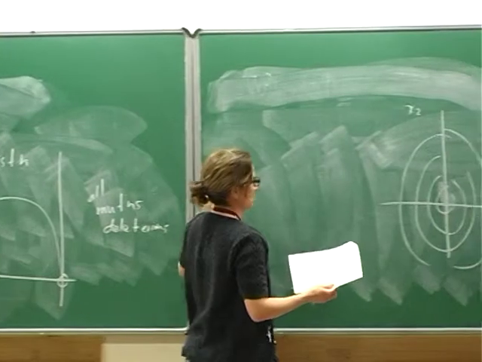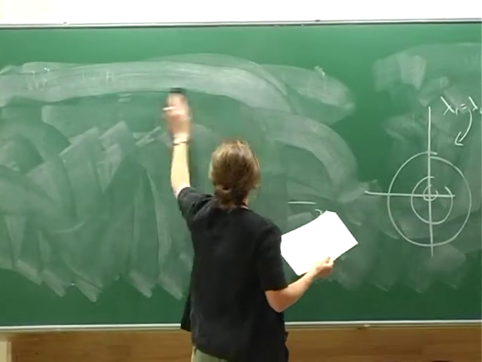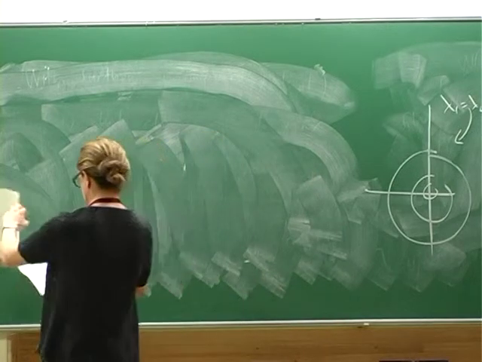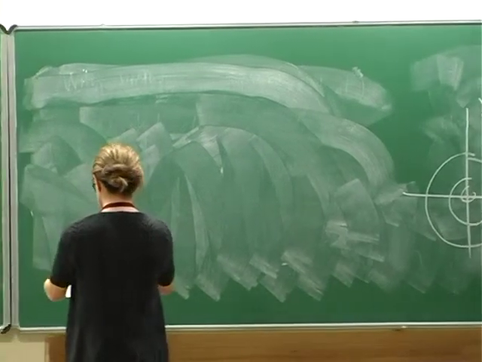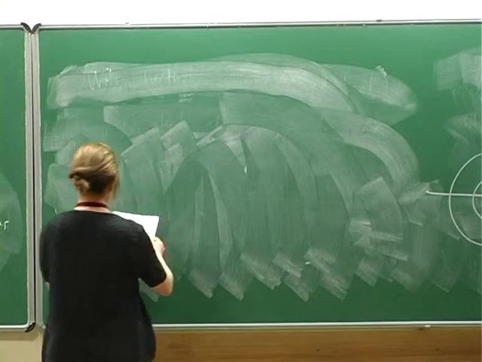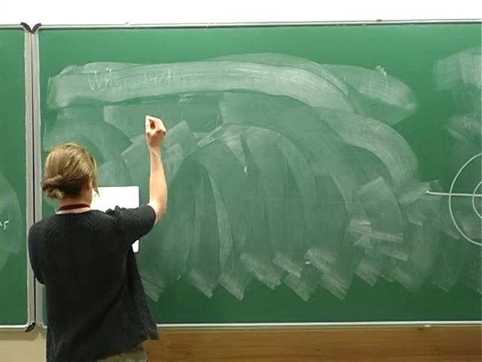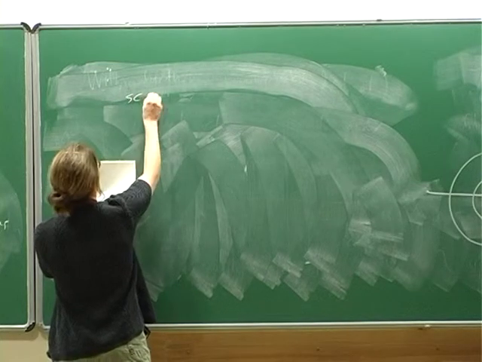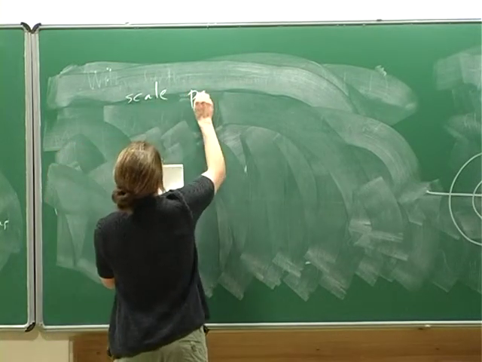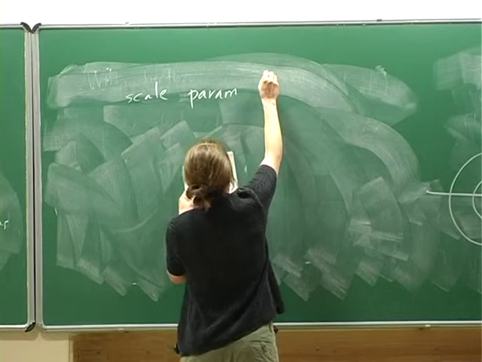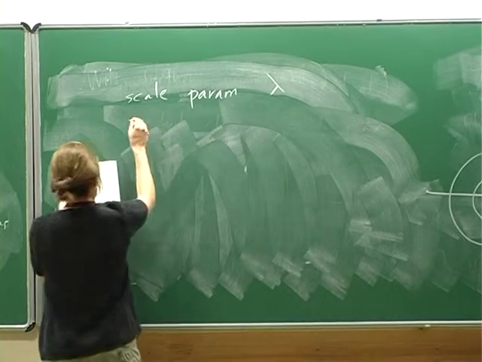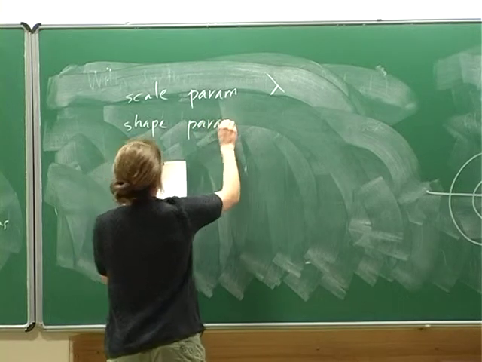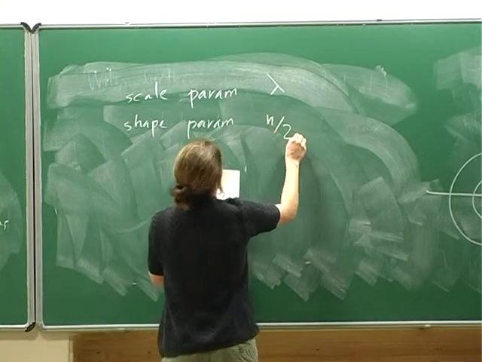Not only is it a gamma distribution, but we know its parameters. So we get a gamma distribution, and it has scale parameter lambda, and shape parameter n over 2.